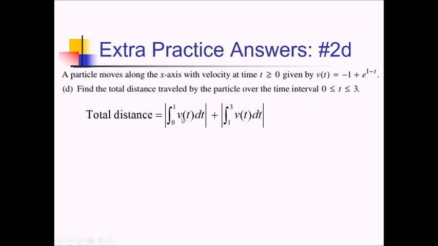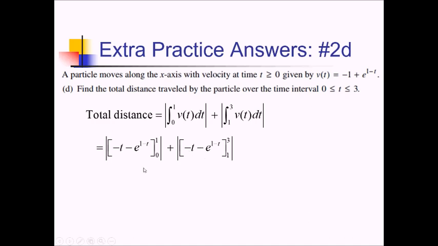So let's see here, the antiderivative of the velocity function is negative t minus e to the 1 minus t, because it's e to all this stuff divided by the negative 1 tail there. So there's my antiderivative evaluated from 0 to 1, and we also have pretty much the same stuff, but evaluated from 1 to 3 being added on there. And both of these get their own absolute value.